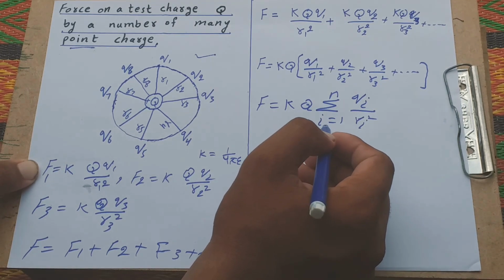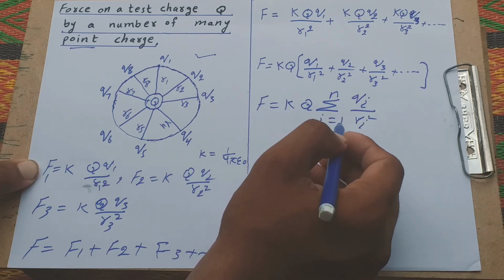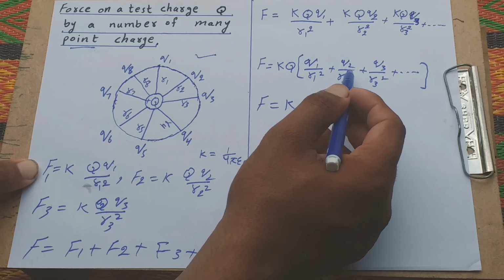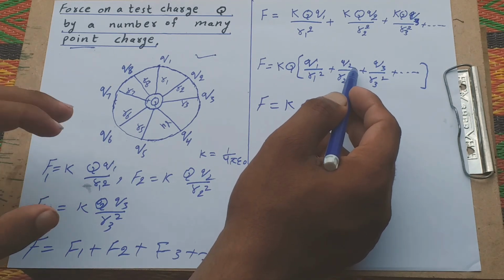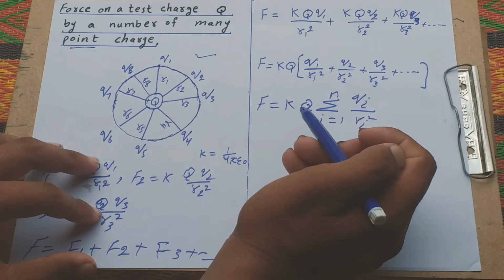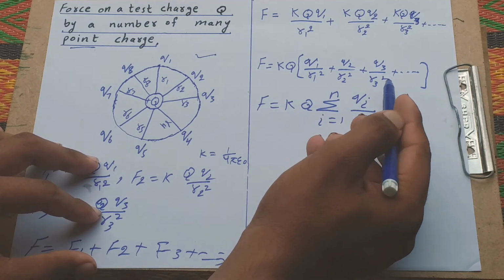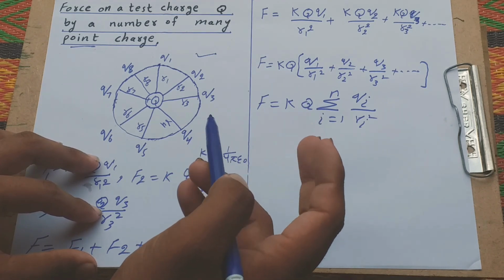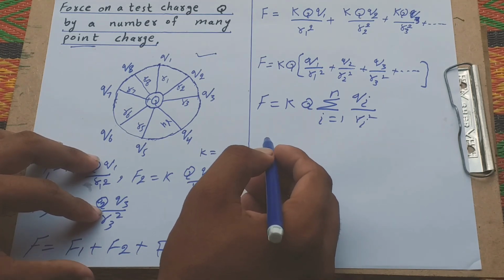If we replace i with 1, we use q1; then i equals 2 gives q2, then i equals 3 gives q3, and so on. We add in sigma form here.